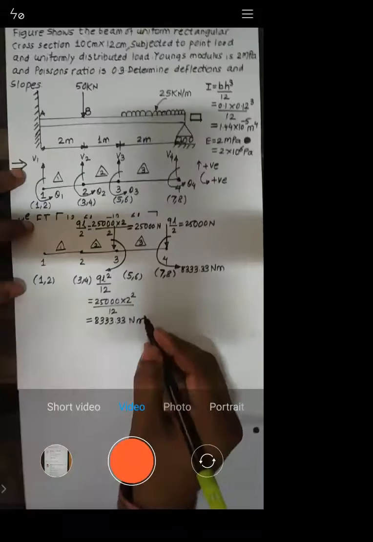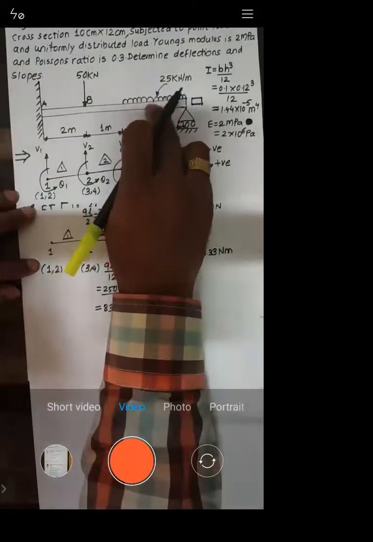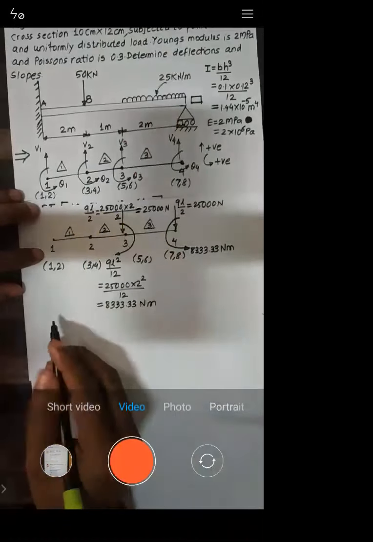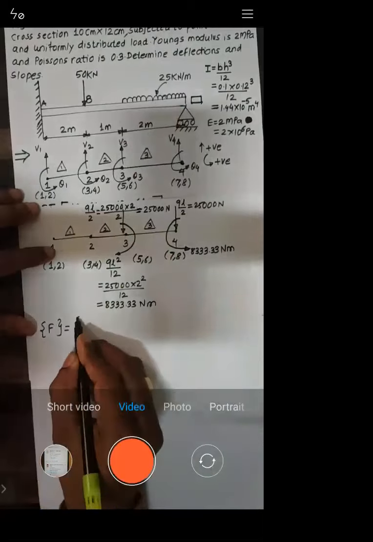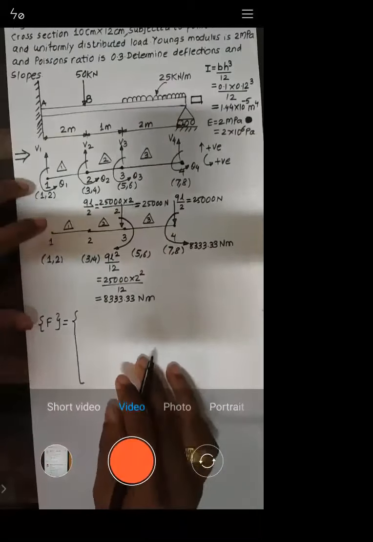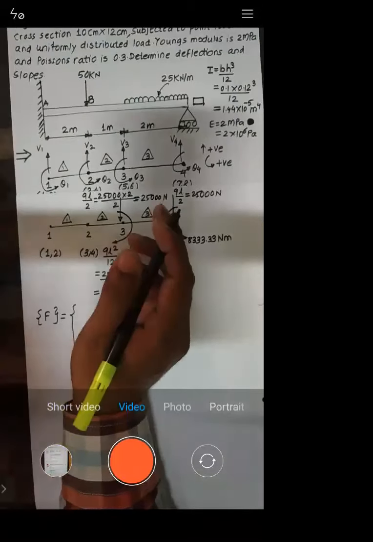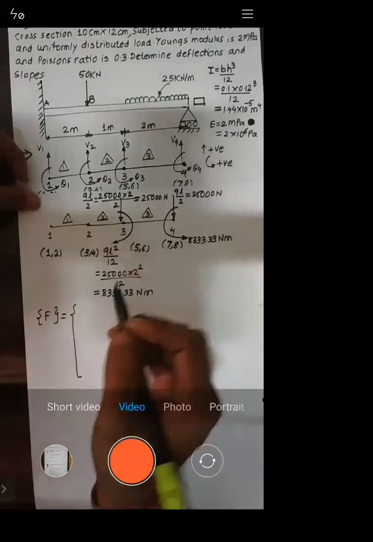Now see here, this uniformly distributed load you have converted to point load, and the moments. So we need to write down the force matrix for that. This is very important. Try to understand. For node number 1, is there any uniformly distributed load which you have converted into point load?